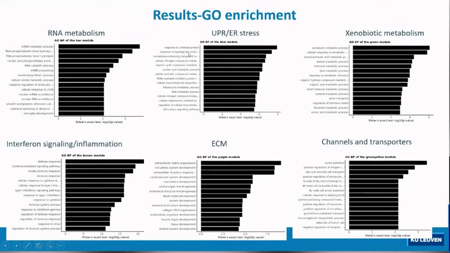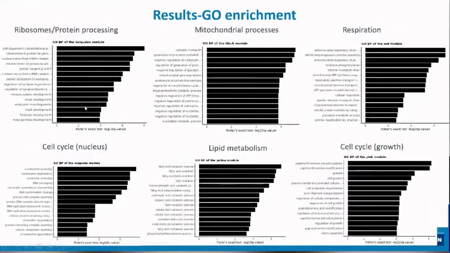So these are the colors written here, and for each color, this is the name that I gave based on the functional terms. So this is RNA metabolism, UPR, ER stress, xenobiotic metabolism, ECM, interferon signaling, channels and transporters, ribosomes, protein processing, mitochondrial processes, respiration, cell cycle of 2 types, and 2 parts of the cell cycle, and lipid metabolism.